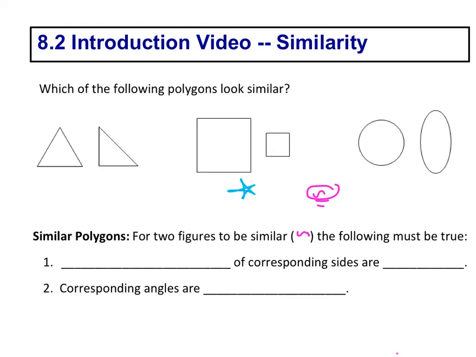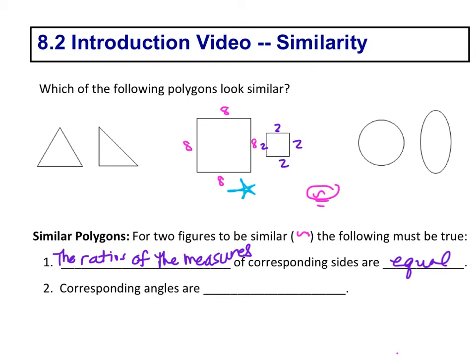So the first one is the ratios of the measures of corresponding sides are equal. What that means is, let's say you take a figure and let's say these all have a side length 2 and then these all have a side length of 8.